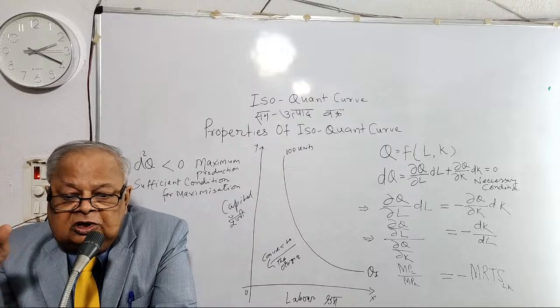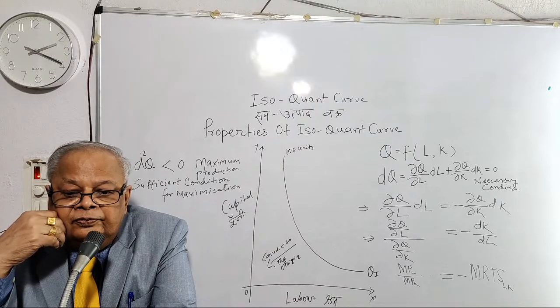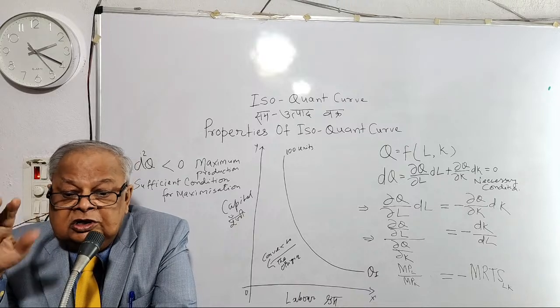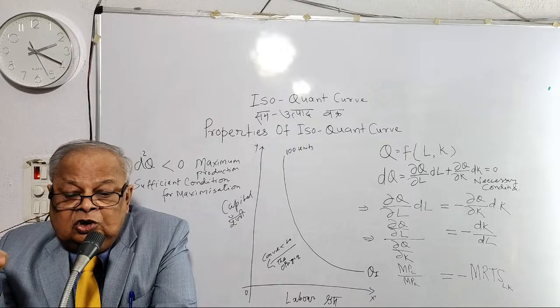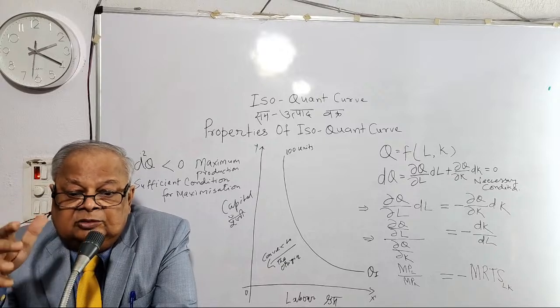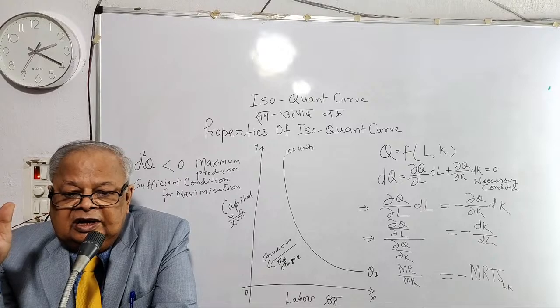And what is the population of Bihar? 12.5 crore. So we have to find out such a methodology of production where our labor will be absorbed, and we teach our labor to develop their skill in terms of this new arrival of ChatGPT and AI and others.